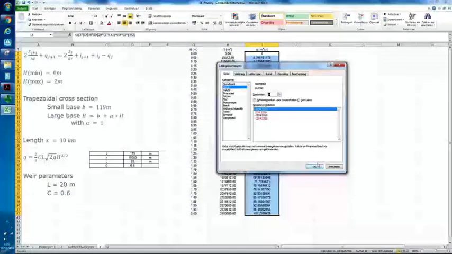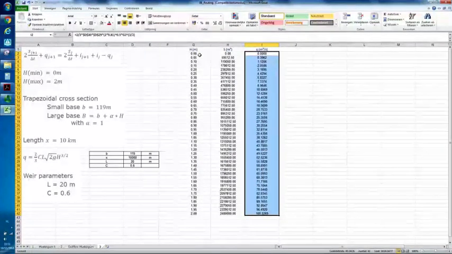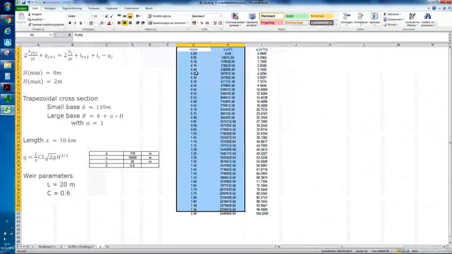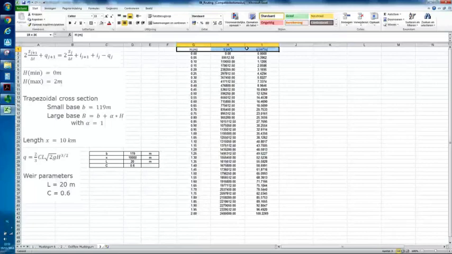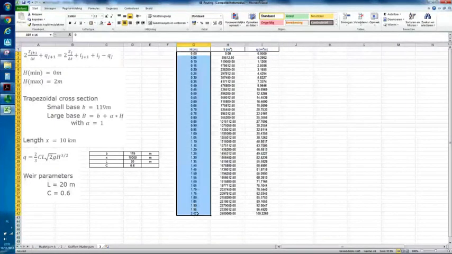Let's take 4 digits behind the decimal sign, and we get flow values corresponding with a certain H value. Now, we could make a graph out of this already. Let's do that quickly, let's make this a little bit nicer first. Like this.